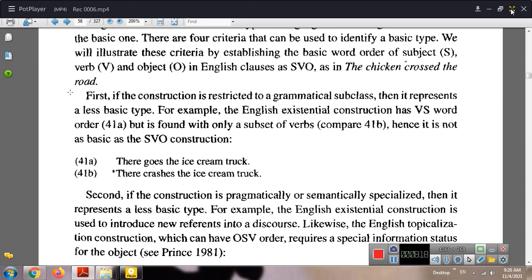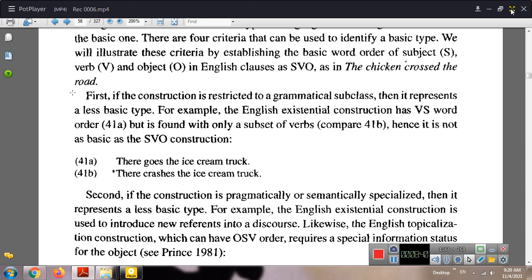Dear student, here we show you 4 criteria with which we can find the basic type of that language. We told you that the basic word order type in English is subject, verb, object.